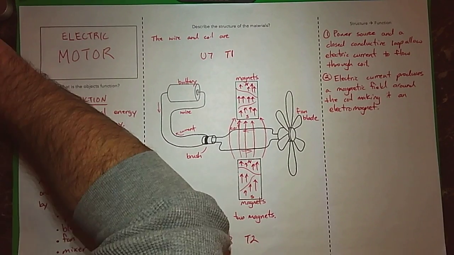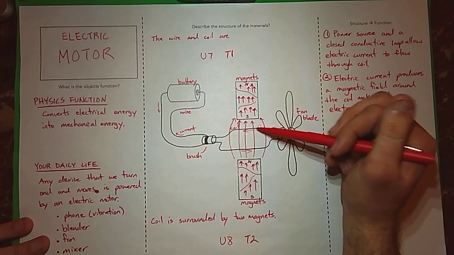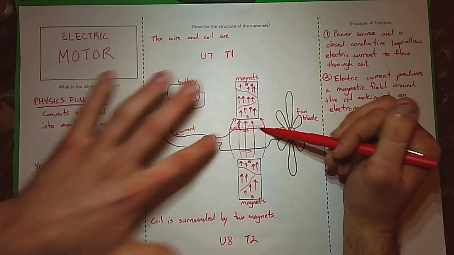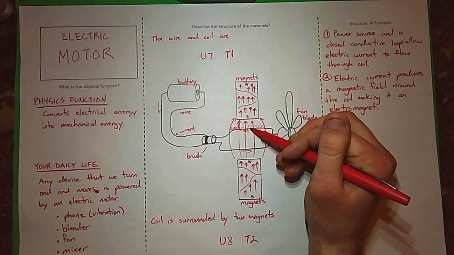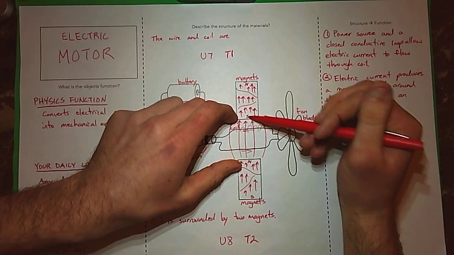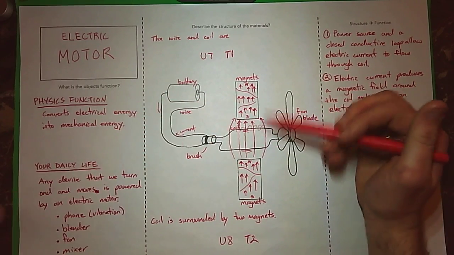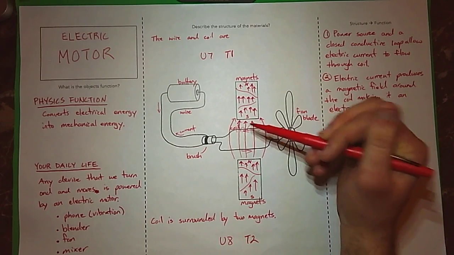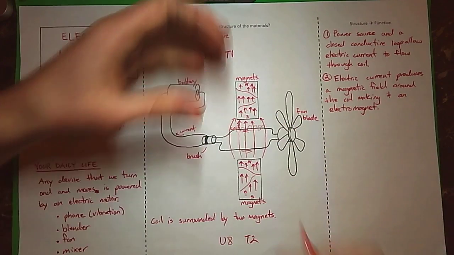And in terms of what's going to happen, you can imagine if this coil all of a sudden has become a magnet, I'm going to show the fact that there's this magnetic field being generated around the wires, and that it's also in the presence of this magnetic field generated by my two permanent magnets. You could also imagine that maybe one end is going to be south right here and the other end is going to be north. And so if I have a south and south or north and north, they're going to repel each other and they're going to move away.